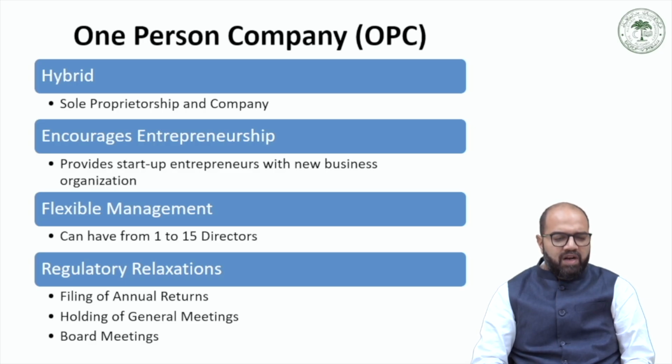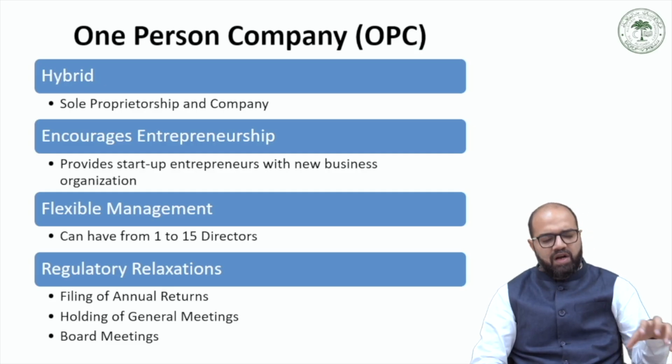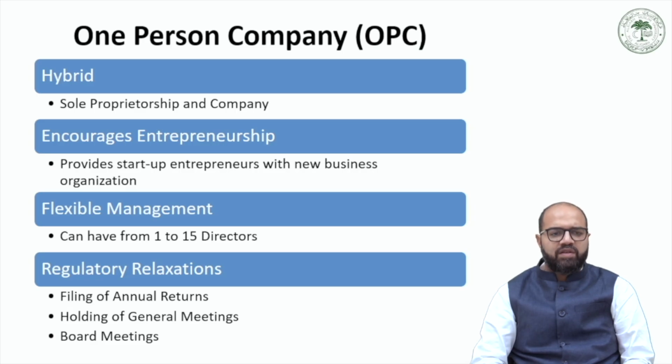Apart from the directors, there are certain key managerial personnel of a company like company secretary, CFO, COO, and so on. Many of the responsibilities of the key managerial personnel could be taken by the limited number of persons associated with an OPC, like its directors.